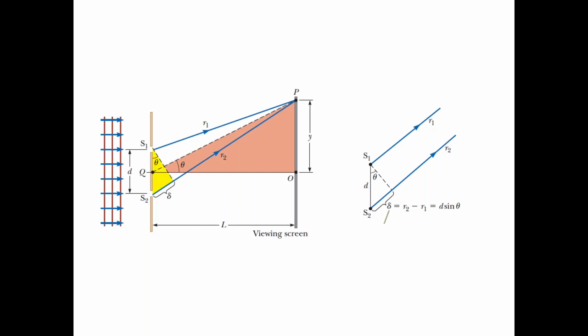So far we consider only bright and dark. However, that's not the case. We don't have just bright and dark. Within bright, we have some intensity distribution, and within dark, we also have some intensity distribution. So now we will write equations for the conditions which we described with in phase and out of phase.